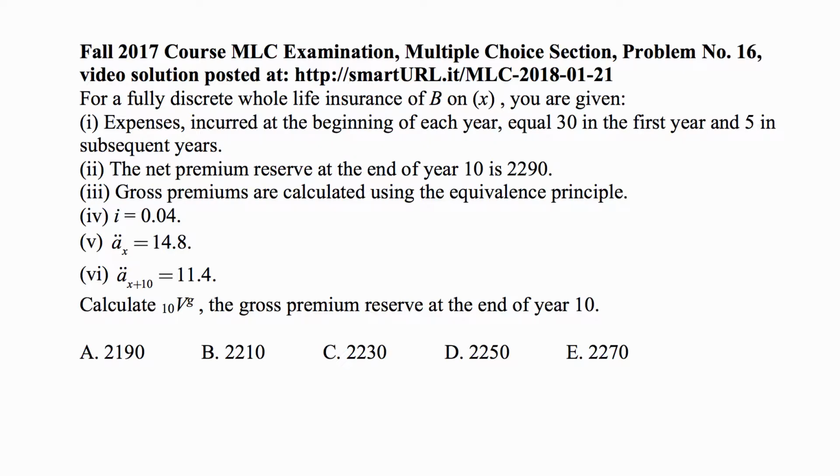Now you were given the net premium reserve, so the only portion that you're missing is the expense reserve. The sum of the net premium reserve and the expense reserve is the gross premium reserve. And one important observation is there is no mention of the net premium being non-level. So there is no full preliminary term or any modified premium for the net premium.